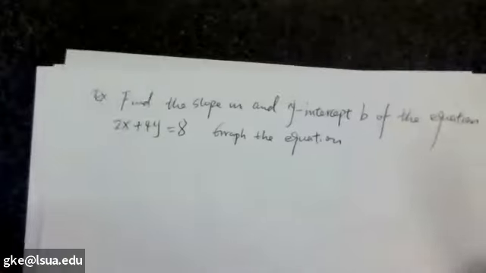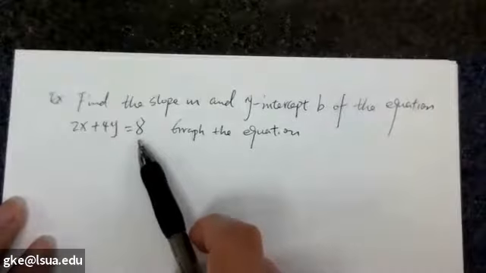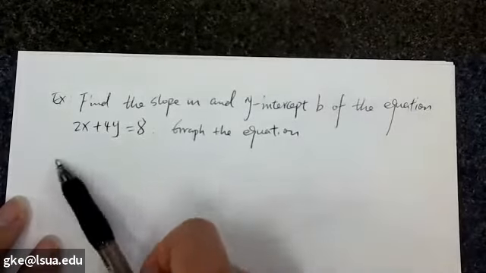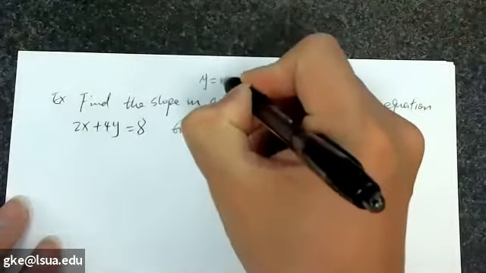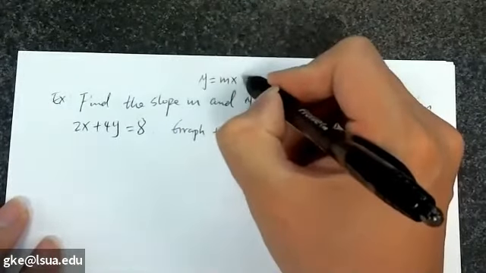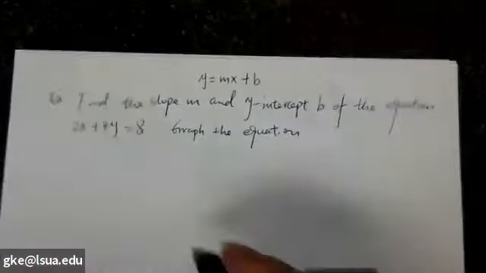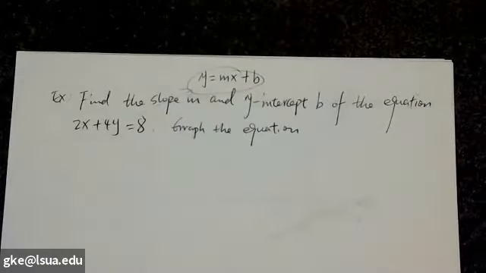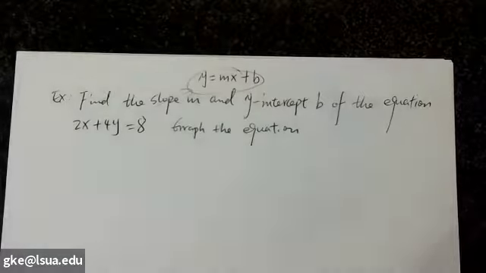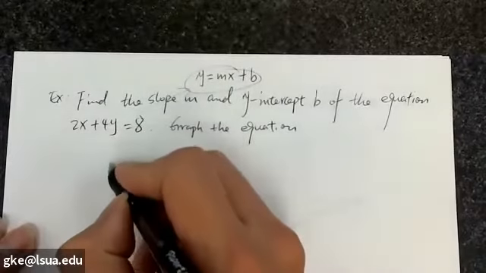So if it's not y equals mx plus b, what we're gonna do is transform this to the slope-intercept form, y equals mx plus b. Then we can find the m and the b. So what we're gonna do is subtract 2x from both sides.